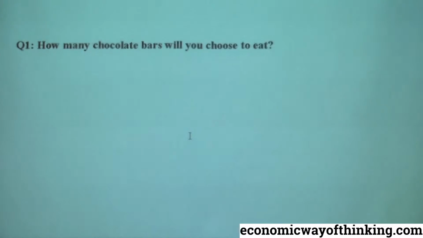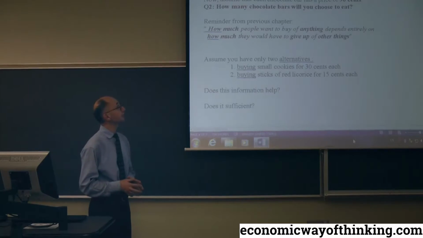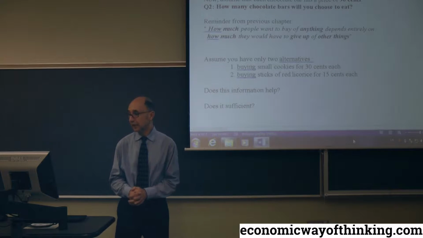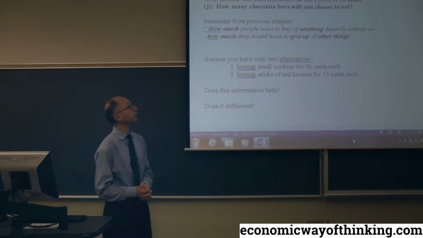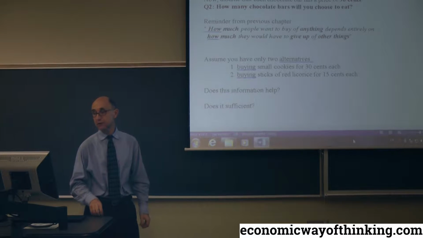But typically, nobody gives you the goods for free. You have to pay money for that, right? So it's costly. So assume now that we are facing a more realistic situation, and now each chocolate bar has a price of 90 cents. The question is, how many chocolate bars will you choose to eat?